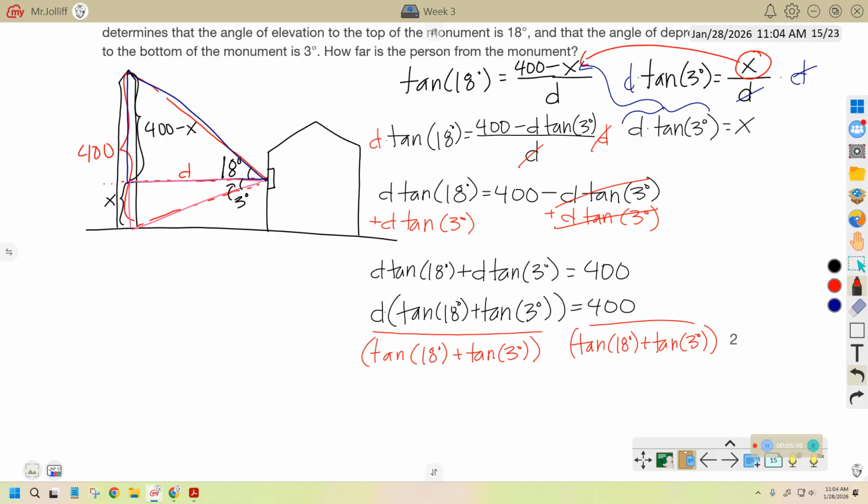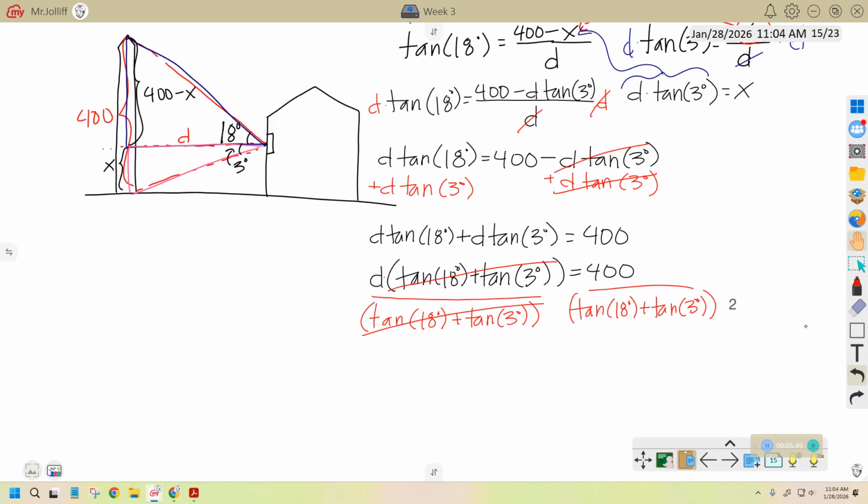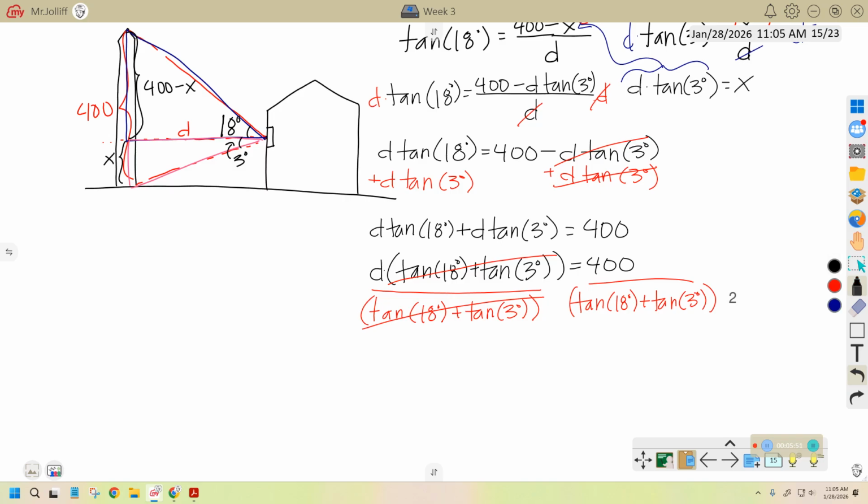On the left, that makes me a happy mathematician, because all I am left with is d. On the right, I am left with a fraction that looks gross. 400 on top, tan 18 plus tan 3 on bottom.